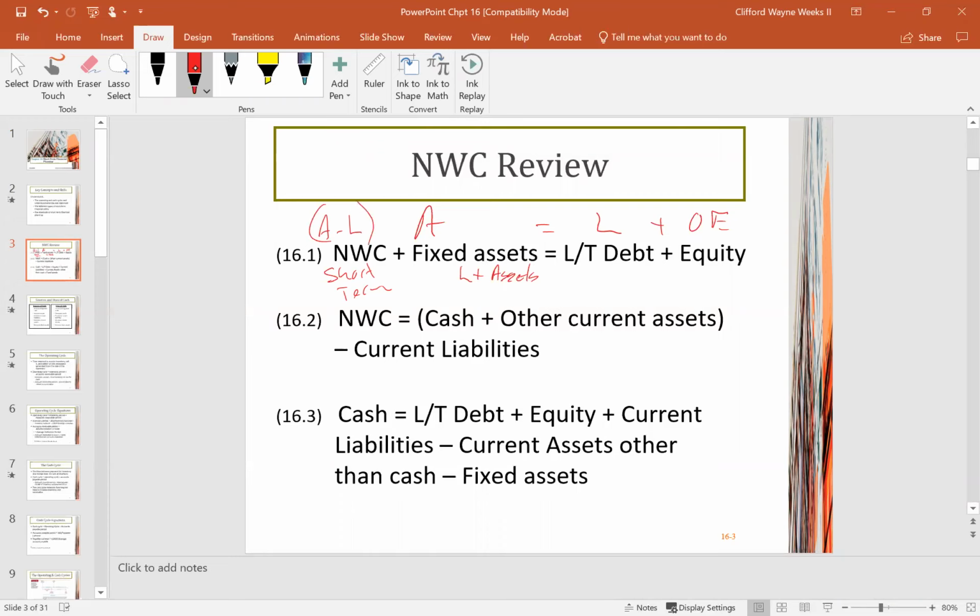Because if you remember, one of the financial equations that we learned in Accounting 201 and or 202, because we did the complete review, is working capital. You remember the working capital? All working capital is, right, our current assets subtract current liabilities.